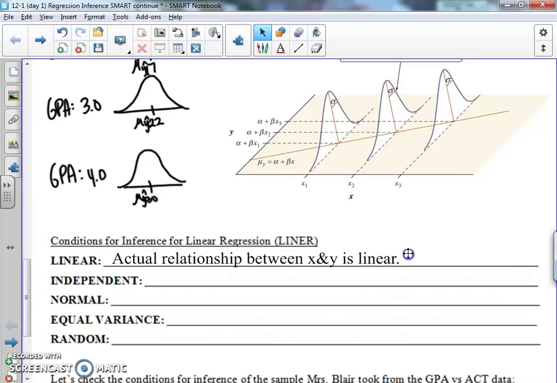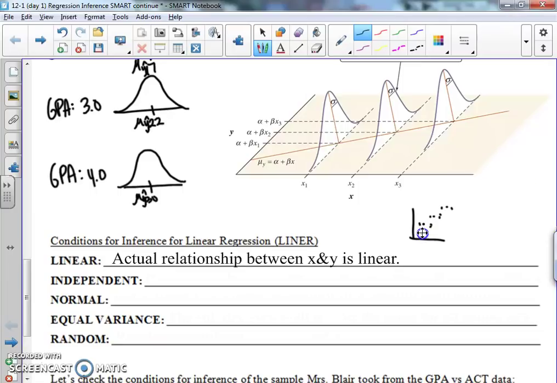So when you look at your sample data, you're going to basically make a scatter plot, and the scatter plots usually look something like this, but if it's going in that linear direction, then you have satisfied the linear condition. Because remember, we're trying to show that the true population line is indeed linear. We can't keep going if it's not linear, okay?